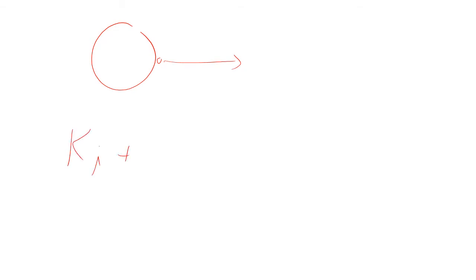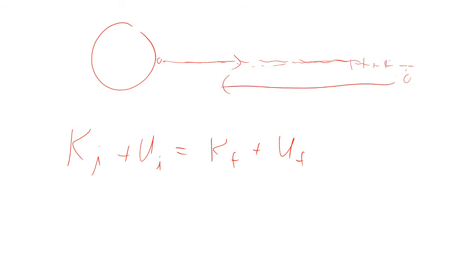K sub i plus U sub i equals K sub f plus U sub f. And so we look at it and say, okay, what's going on here? The farther away it is, the slower it gets, but then it stops and gravity pulls it back.